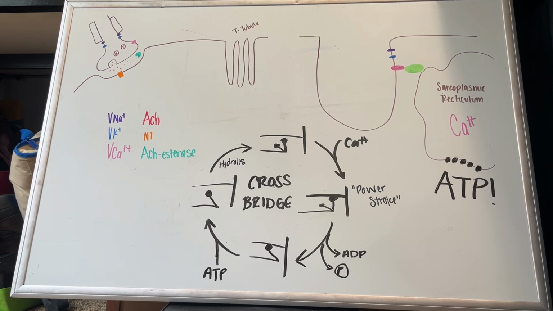So skeletal muscle contraction requires an electrical event, or action potential, followed by a mechanical event, which is contraction. The sequence begins when an action potential arrives at the axon terminal of a somatic motor neuron. This stimulates the opening of voltage-gated calcium channels in the axon terminal membrane, allowing calcium to enter from the extracellular space.